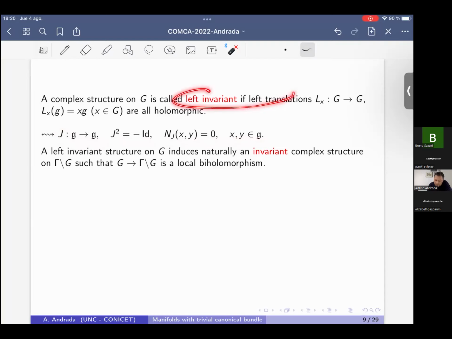And this left invariant complex structure induces another one, also called invariant, in the quotient, such that the projection is a local biholomorphism.